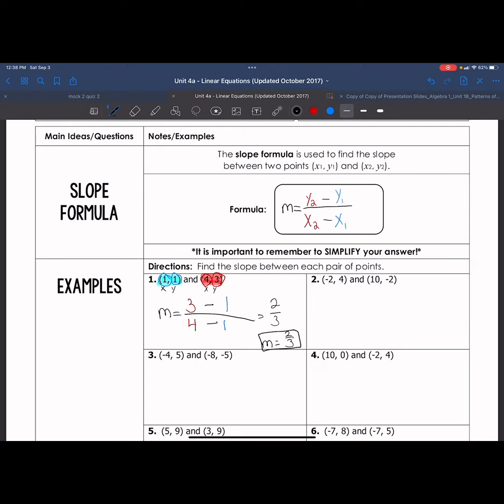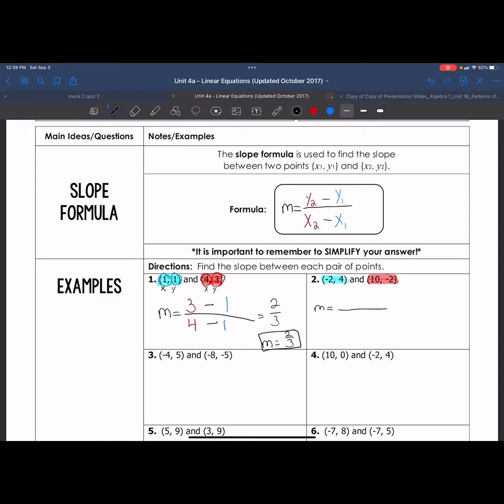Let's look at another example. We'll go to number 2. So I want to take the same process. Let's identify the first point, which is here. Our second point, which is here. And so we have m equals, we'll put a line.